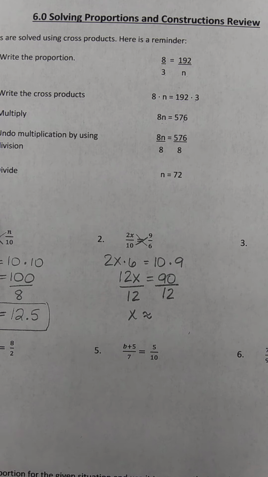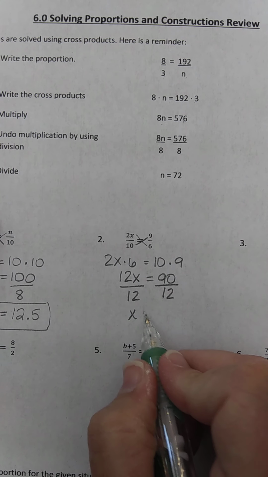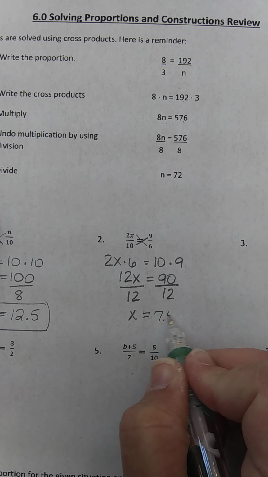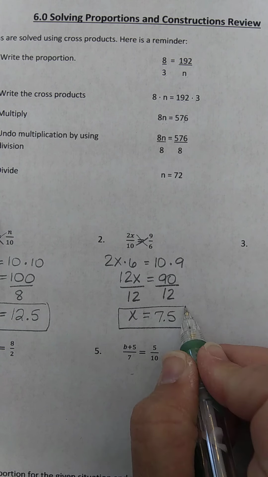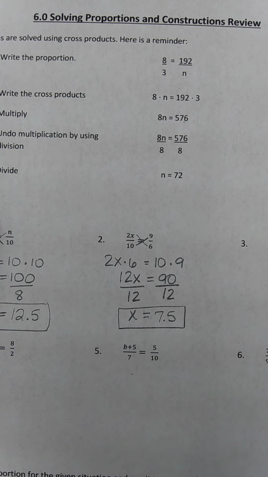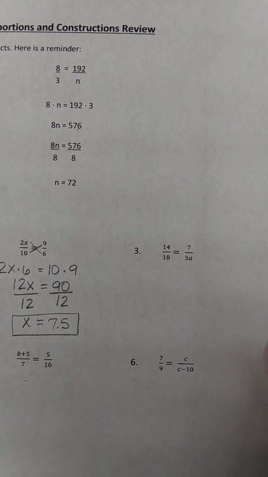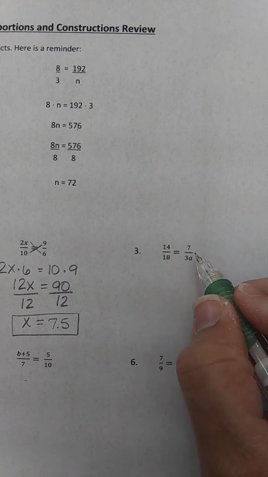I don't know that this one's going to divide nicely. Oh, it does, so I can still use an equal sign because we get 7.5. It terminates or ends. It doesn't continue filling up my calculator screen with a whole lot of values. So we can put equals as long as it truncates, is what we call it.